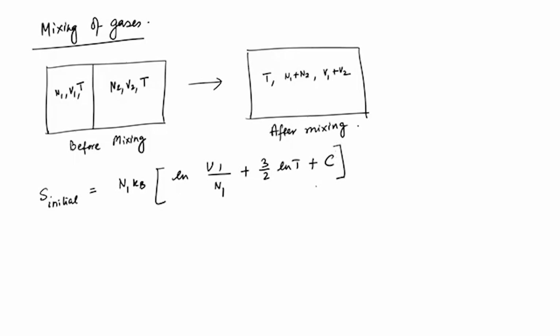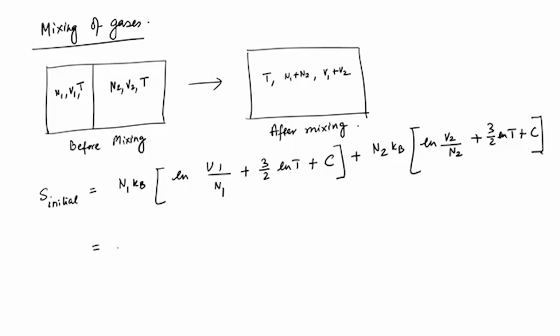So, this is the first one for the first gas, and then it is N2 k, and then we have a log of V2 by N2 plus 3 by 2 log of T plus some constant again, which is independent of all these things.